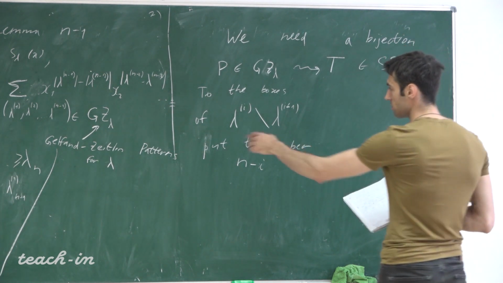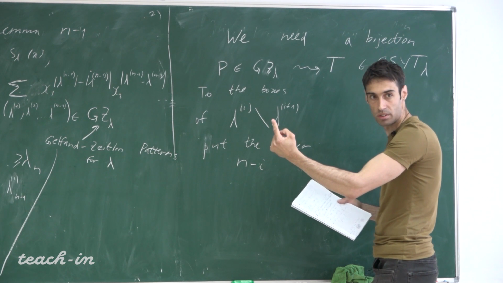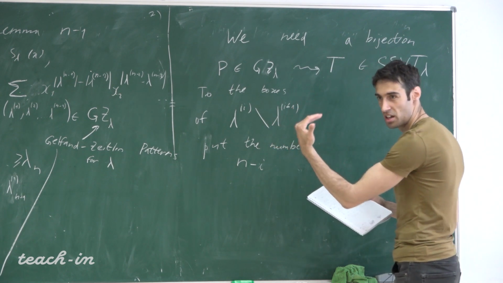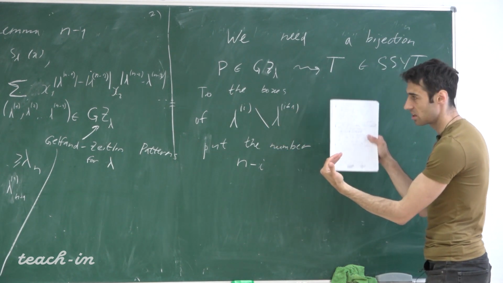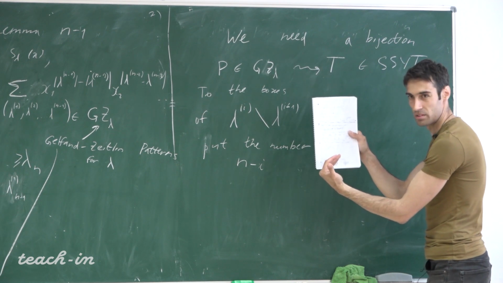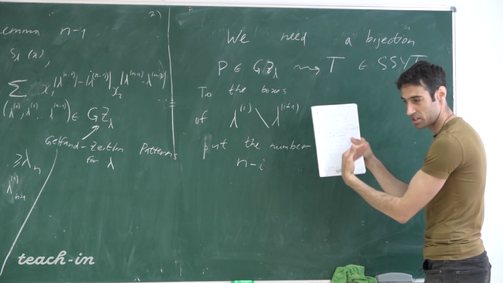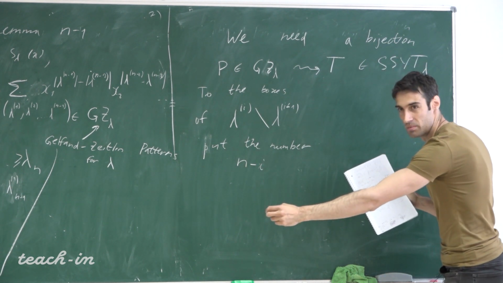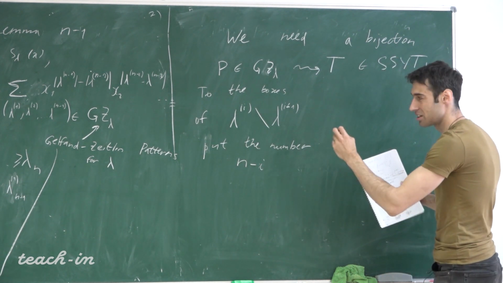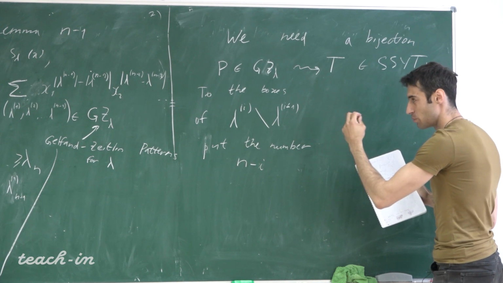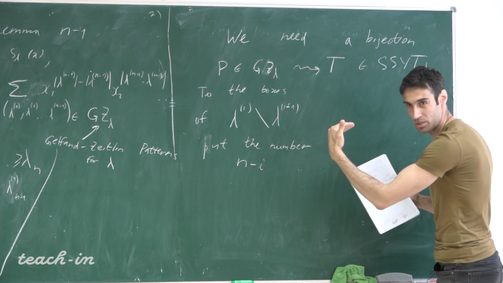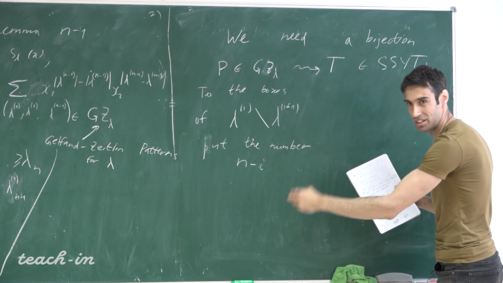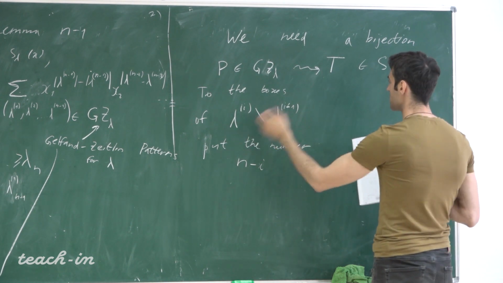Lambda 0 is lambda. So first you take lambda and then lambda 1. Everything that is in lambda but not in lambda 1, you put n's in there. Then everything that is in lambda 1 but not in lambda 2, you put n minus 1 in there. And in this way, you construct T.